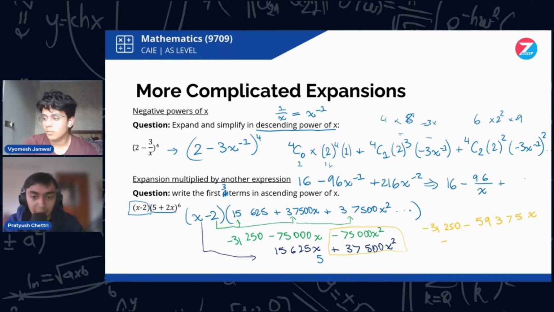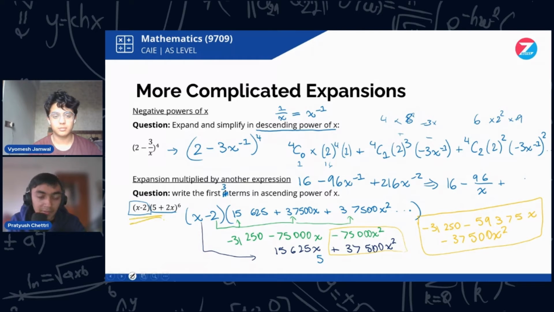Collecting these like terms, we get 75,000 plus... Oh, awesome. It's just half of that. 37,500 x squared. So these are our first 3 terms in expansion of this. So remember the thing? First expand it and then multiply it by the expression outside.